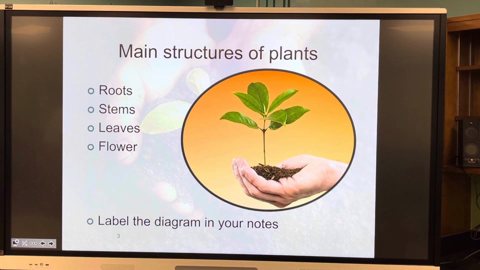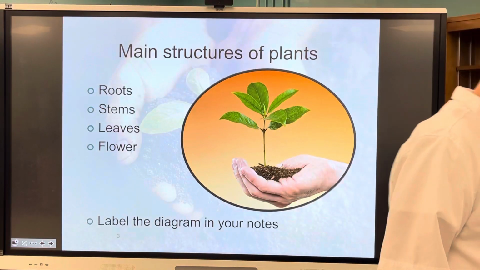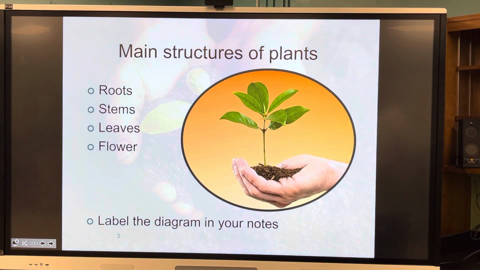So you have a diagram in your notes. Start filling that out now, please. It's only 4 words: roots, stems, leaves, and flowers.